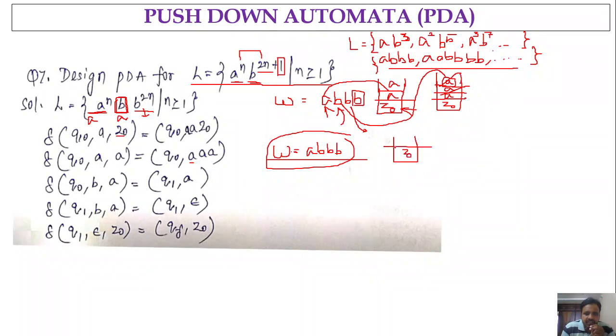Since we take z naught out of the stack, and the input is a, then we will be in the same state q naught, and we are going to push a z naught. So after this transition function, the stack content will become a z naught, right? This we can call step one.